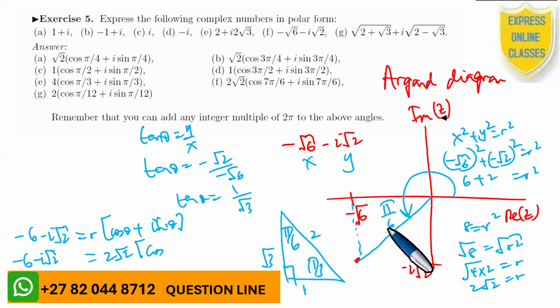This is pi over 6, then this one is pi. So you take pi plus pi over 6, which is 7 pi over 6.